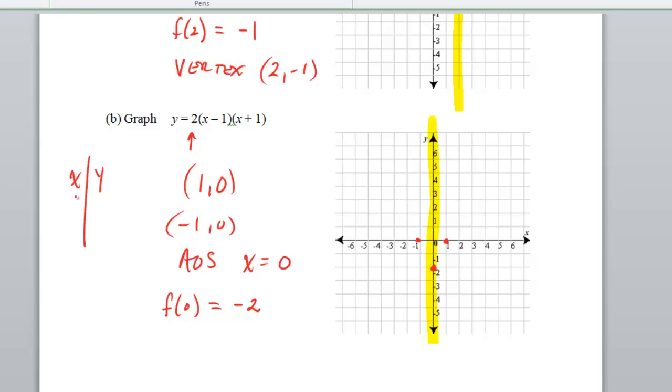So a t-chart with another point would be good. And I could either go to a +2, I could go to a -2. It's not going to matter. And when I do that, I get 2 and then 6. And of course, I'm going to have the -2, 6 as well. And so you can see that that's a much steeper quadratic. Alright, and there are your examples of graphing an intercept form.